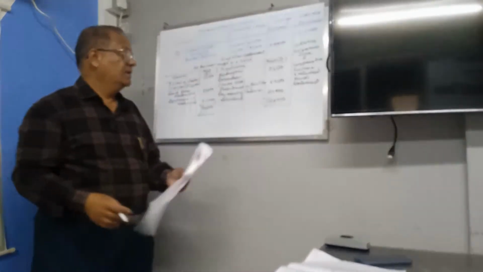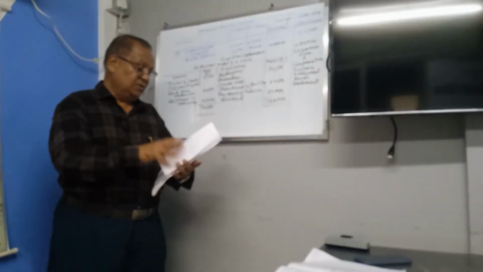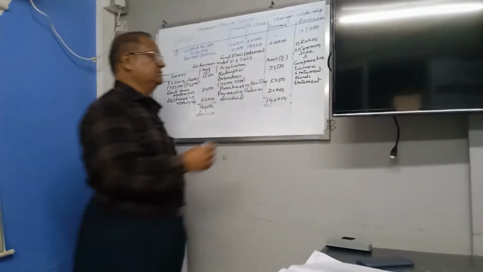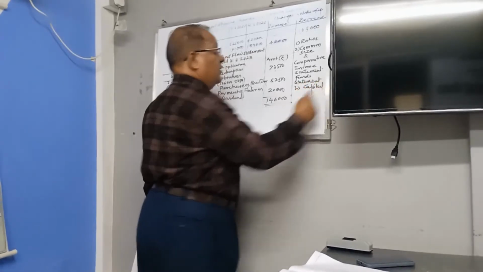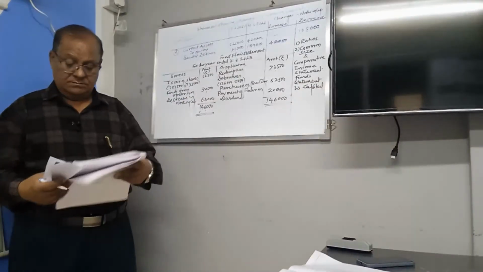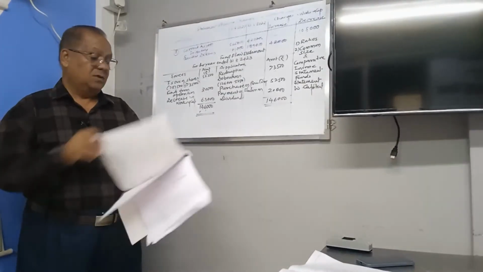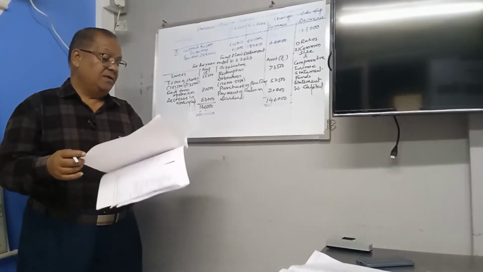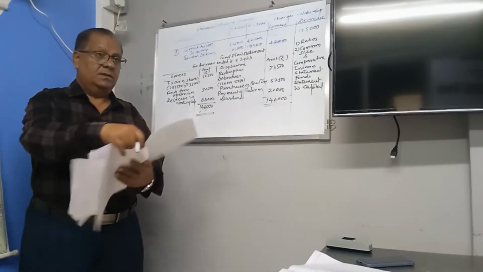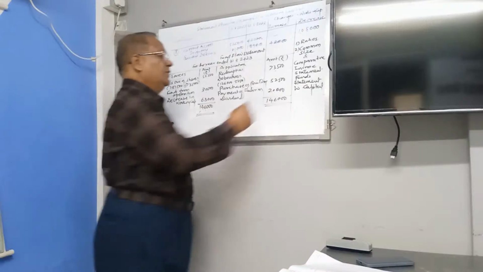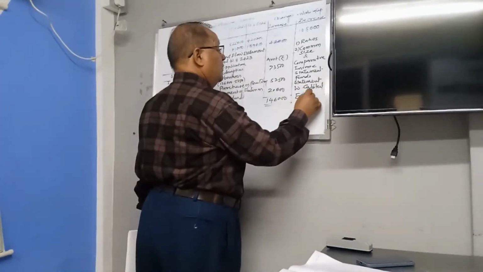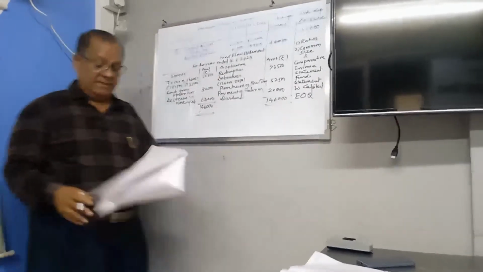Then next they can ask you a problem on working capital. Then they will ask economic order quantity, EOQ, problem.